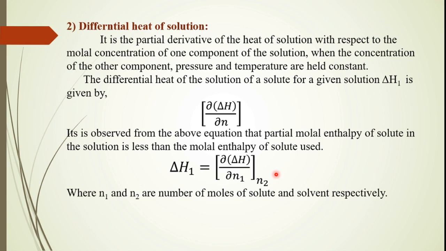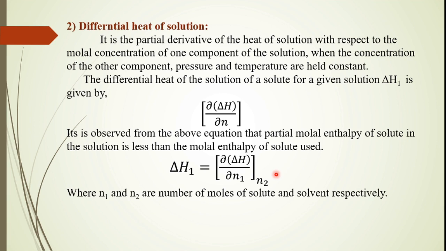It is the partial derivative of the heat of solution with respect to the molal concentration of one component of the solution when the concentration of the other component, pressure and temperature are held constant.